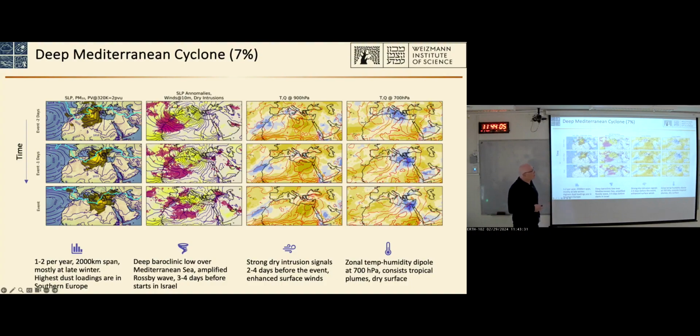One of the important things that we find is if you look at these purple shadings, these are actually dry intrusions. This phenomenon that Shira has identified, and we can see how the dry intrusion is moving and pushing the dust by augmenting the wind pattern.